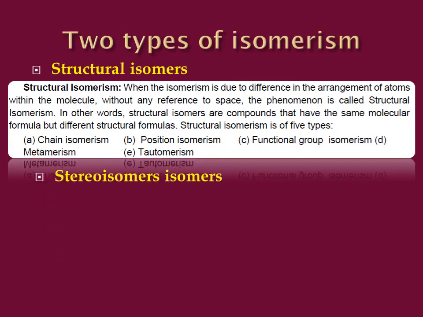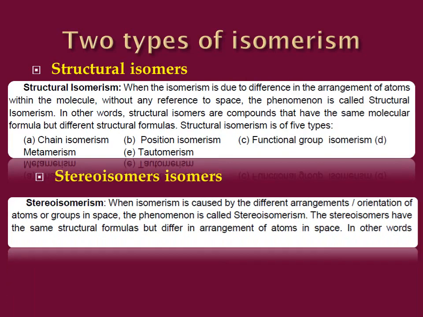The second main branch is stereoisomers. When isomerism is caused by different arrangement or orientation of atoms or groups of atoms in space, this phenomenon is called stereoisomerism. The stereoisomers have the same structural formulas but differ in arrangement of atoms in space.